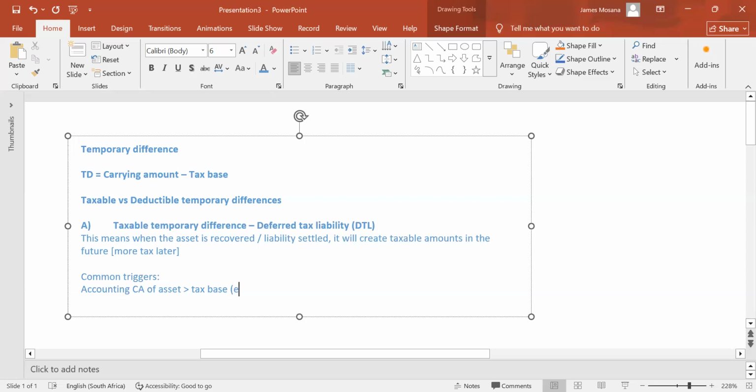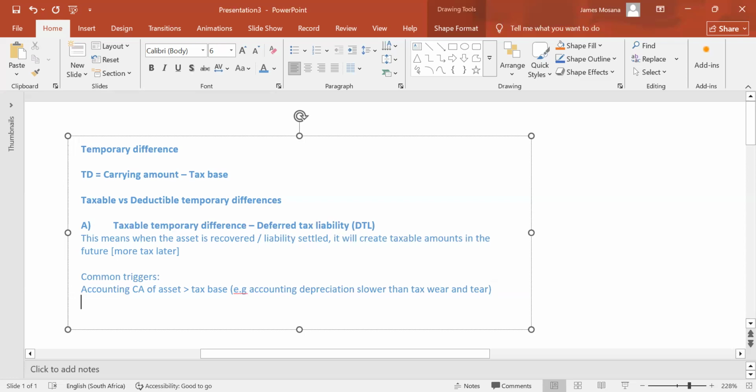This could be the case where accounting depreciation is lower than the tax wear and tear. So this will result in a taxable temporary difference.